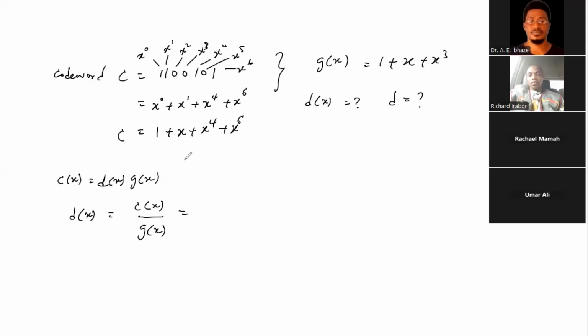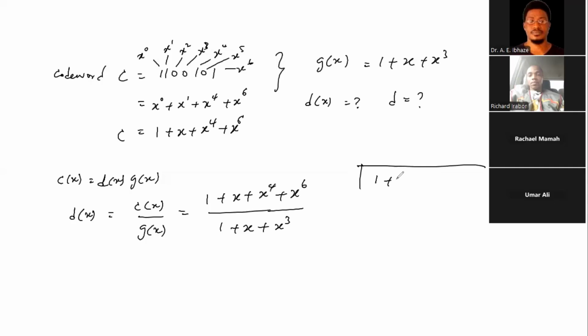We already know that the code word polynomial is 1 plus x to the 4 plus x to the 6, and we divide that by the generator polynomial, which is 1 plus x cubed. So we can perform our long division here: 1 plus x to the power of 4 plus x to the power of 6 divided by 1 plus x cubed.